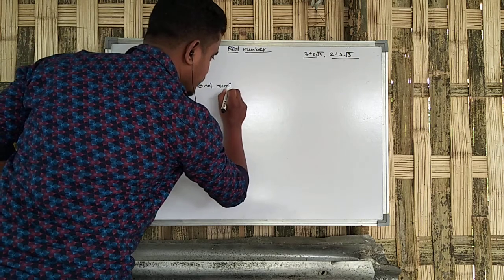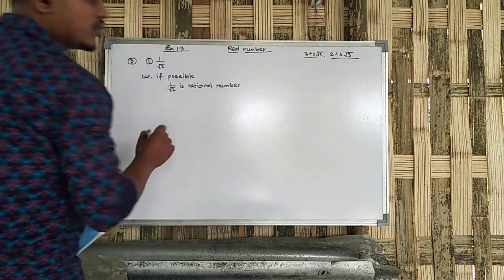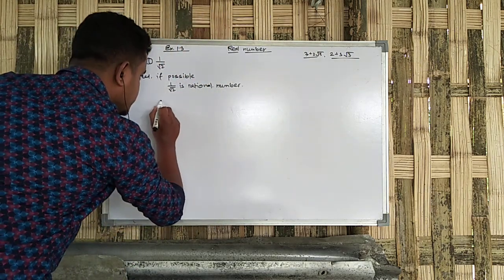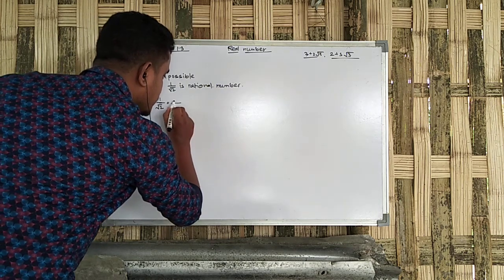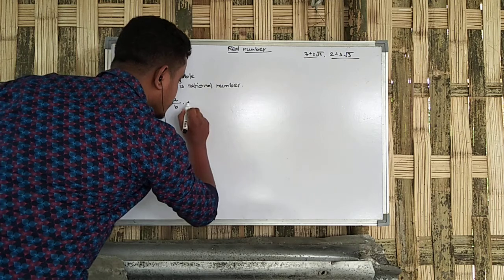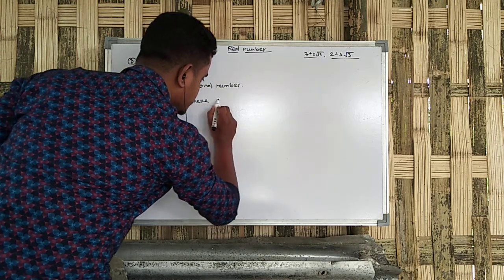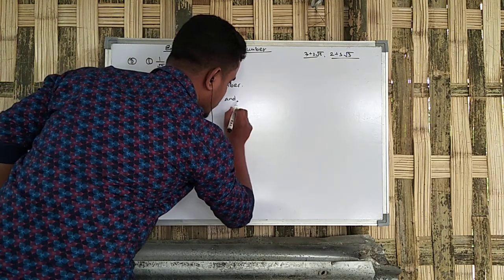We know that rational numbers can be expressed in the form of p by q or a by b. So then 1 by root 2 can be expressed as a by b, where a and b are co-prime numbers.